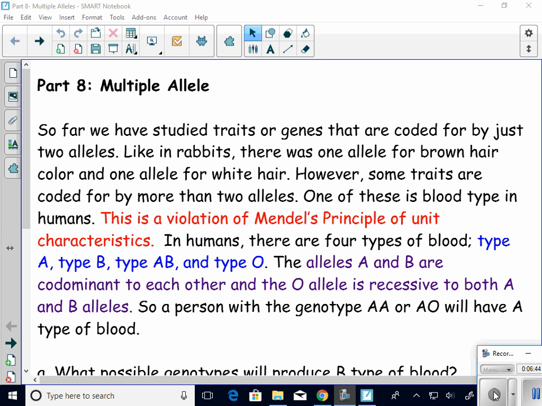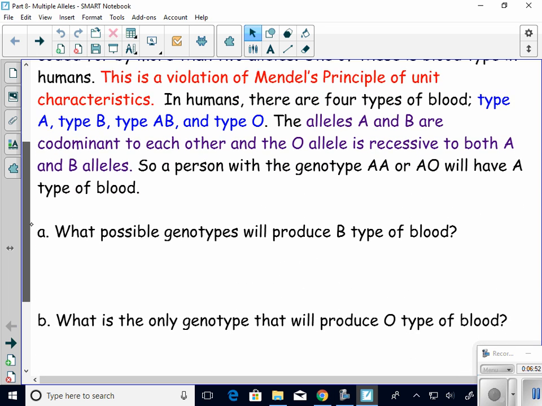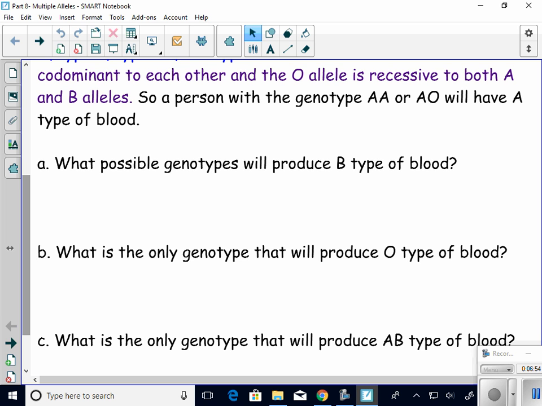Now, my first question here, what are possible genotypes that will produce B-type blood? Olivia, can you give me any?